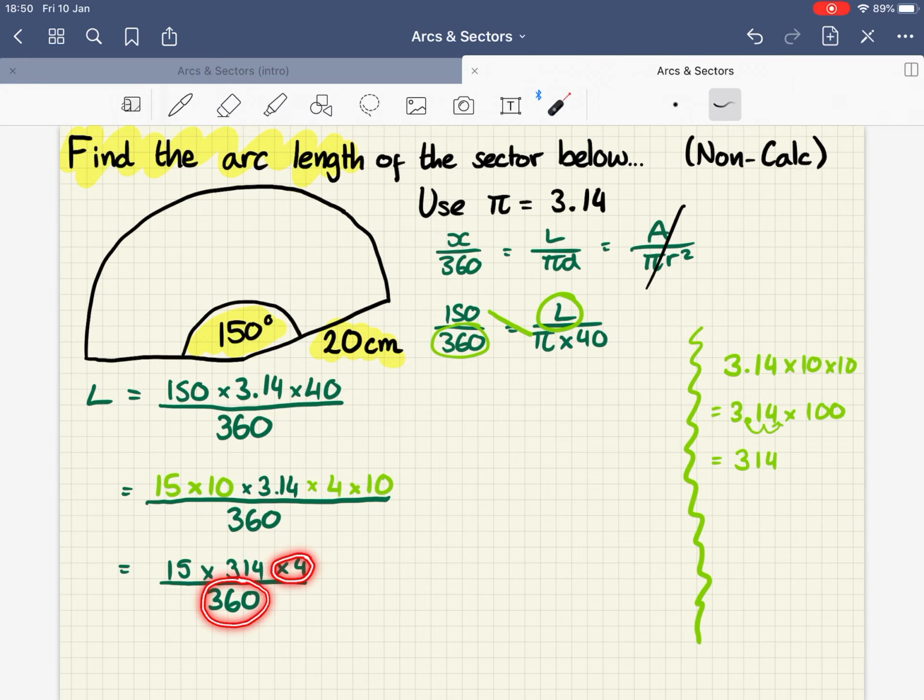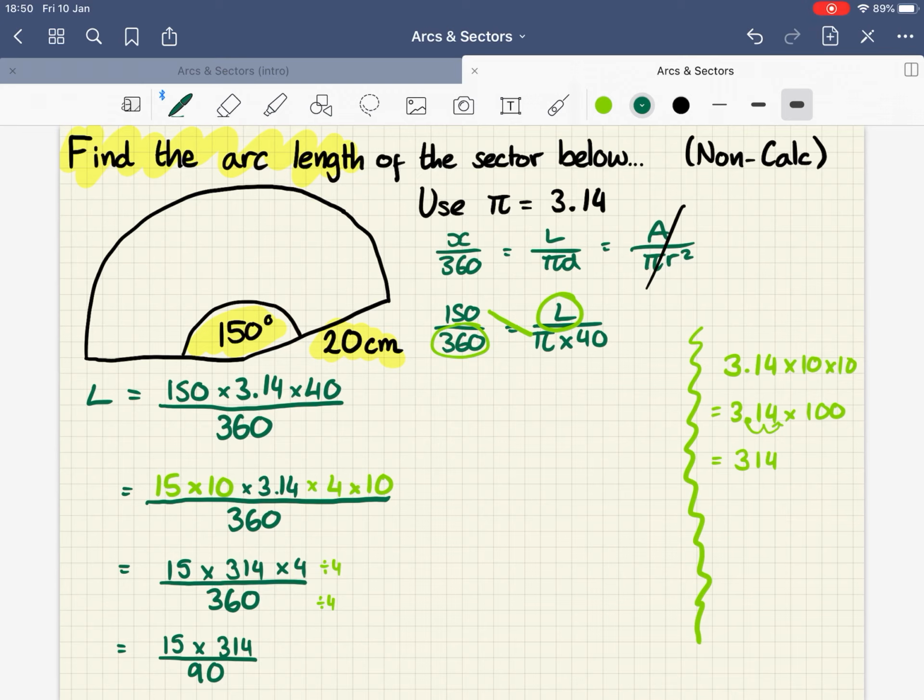Well, I know 4 certainly fits into 36, so therefore it must fit into 360. And if I divide the top by 4 and the bottom by 4, essentially at the top, all it's going to do is just get rid of that 4. I'll just squeeze it down here. So I've got 15 times 314. And then on the bottom, 360 divided by 4 is 90.